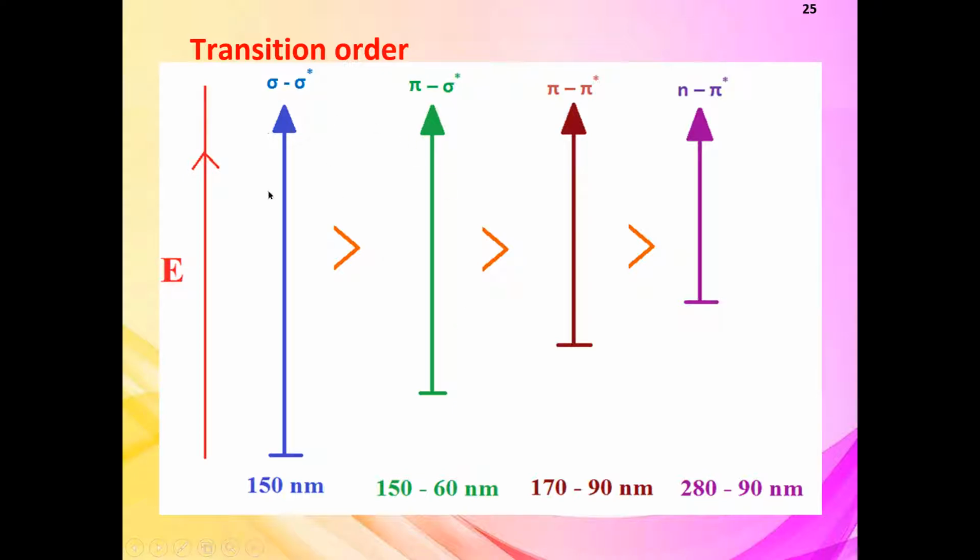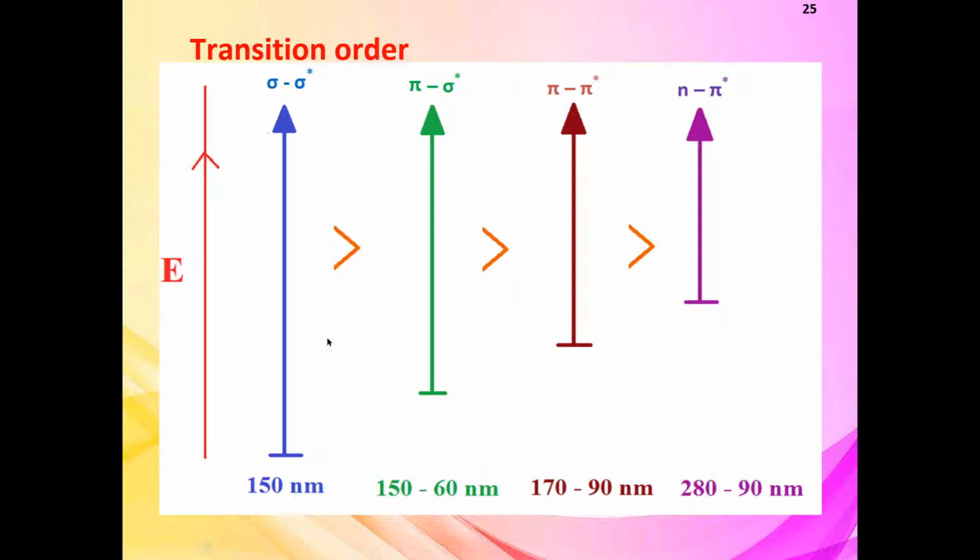So, this region of UV spectroscopy is also called vacuum UV spectroscopy, which is not much considered in the study of UV spectra. The important region that we consider in this study is from 200 to 400 nanometers.